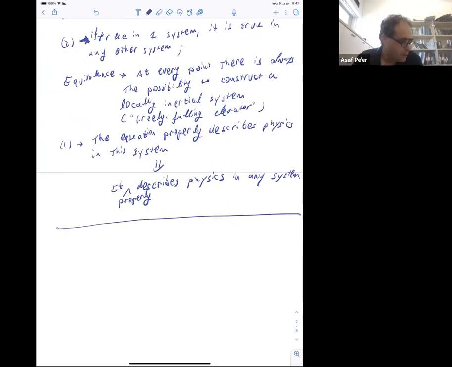Okay. So I want to generalize the definition of vectors and tensors to curved space-time.